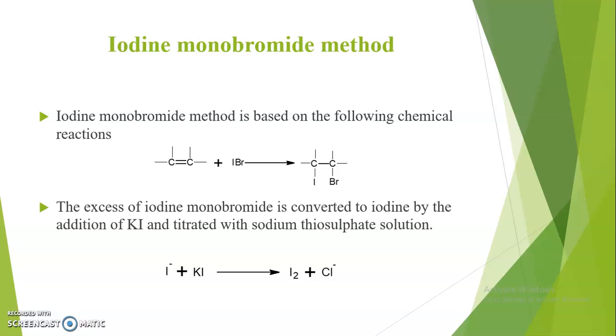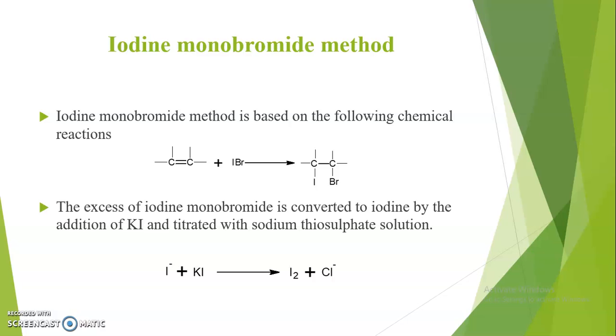Iodine, when reacted with starch, will form a blue complex, due to the presence of amylopectin and amylose, which form a deep blue color with iodine. Initially our solution consists of iodine.